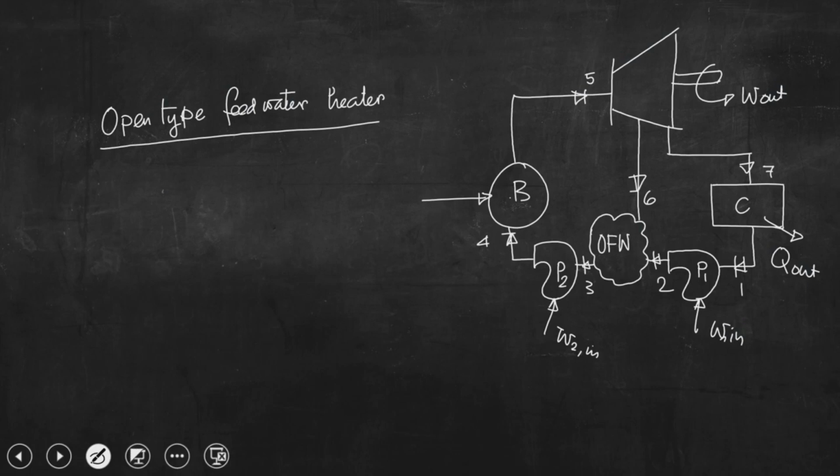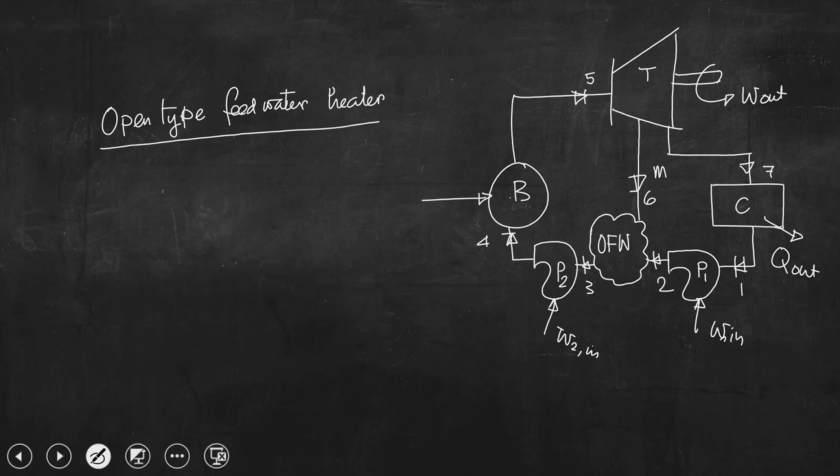Now, the fraction of steam that should be extracted from the turbine at any point. So, this is the turbine. While steam is expanding isentropically inside the turbine, at any point we shall extract steam.